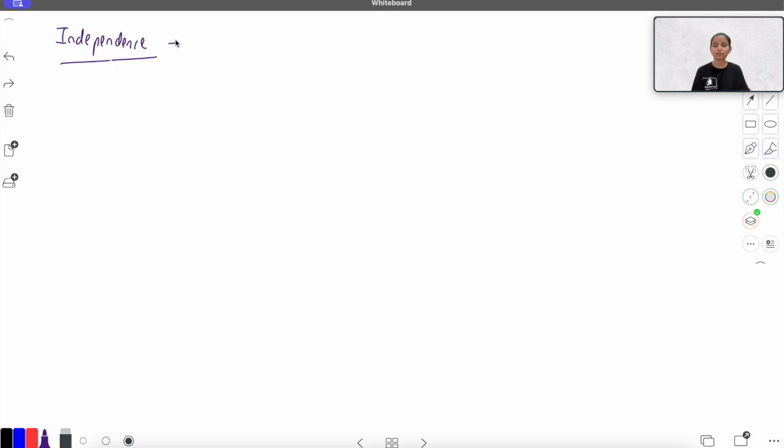Okay, talking about independence. We always say that if I have two events A and B, then these two events A and B are said to be statistically independent when the occurrence or non-occurrence of one event does not affect the other.